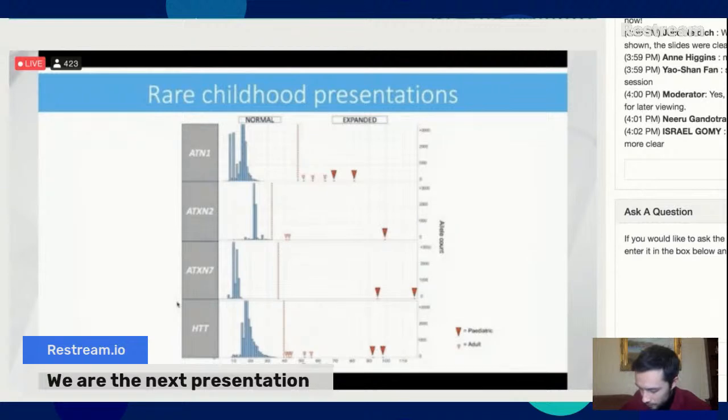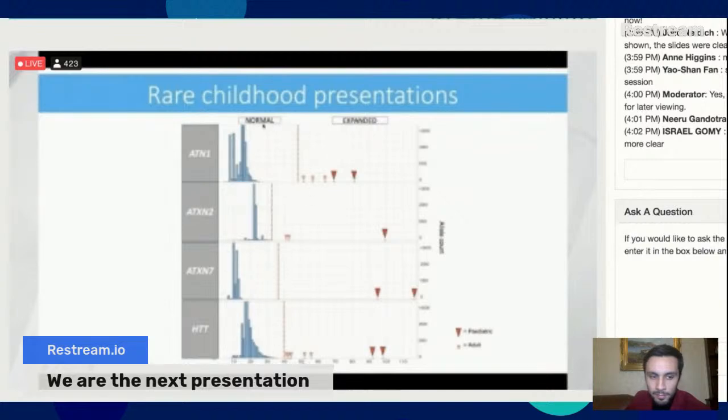Strikingly, we've detected rare events of STRs that typically cause diseases in adults, in children. This is a known phenomenon called anticipation. We know that for some of the short tandem repeat expansions, the larger the repeats, the earlier the age of onset and the greater the severity. So this plot shows you the allele count versus the repeat size of 4 short tandem repeat expansions that typically cause diseases in adults: ATN1, Ataxin 2, Ataxin 7, and Huntington.